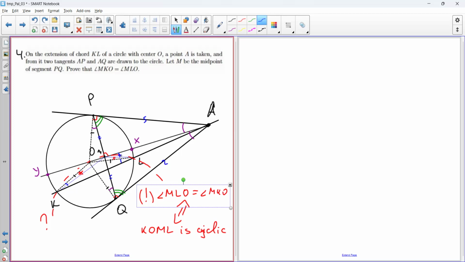So if I prove that this angle is equal to this blue angle, then probably that will finish the solution.